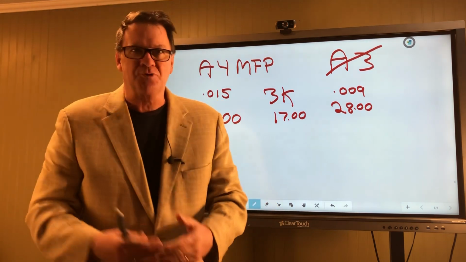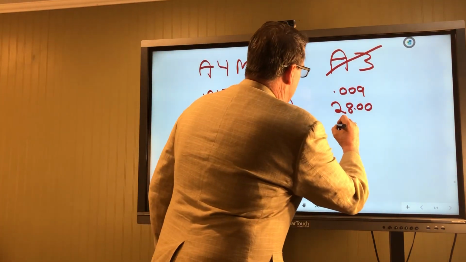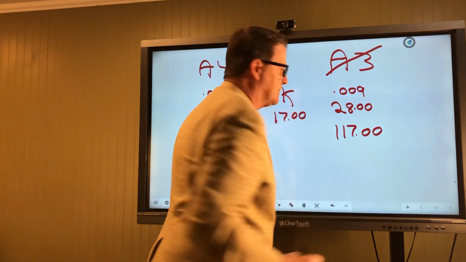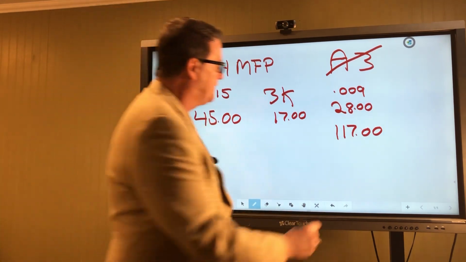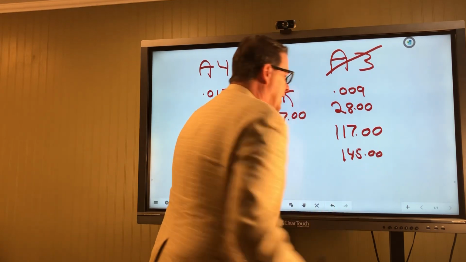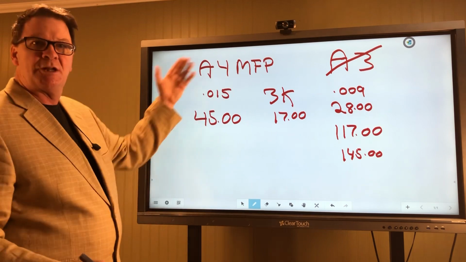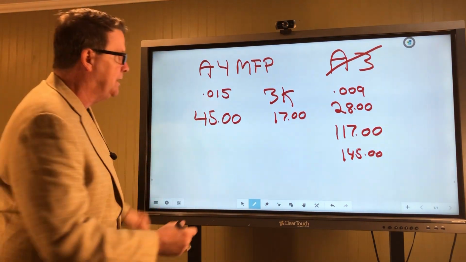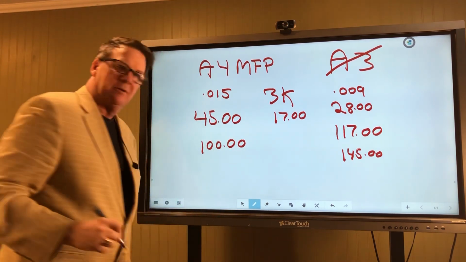And of course, the sales rep smiled because he knew for $145 a month, he could have a lease for hardware of $117 a month, because $117 a month plus $28 a month is $145 a month. He also knew that if he went ahead and sold him the brand new A4 MFP, the customer-centric model, the right model, the one that has a 66% reduction in service, he would only have $100 a month to finance the hardware for that one.